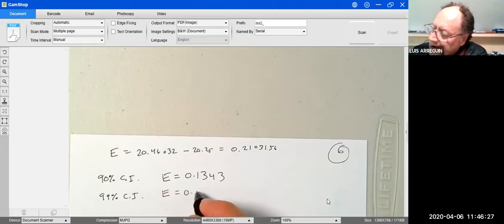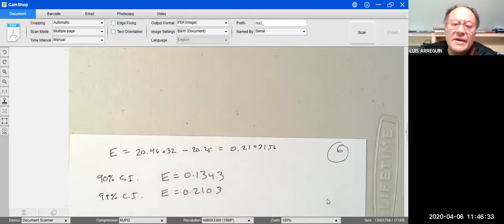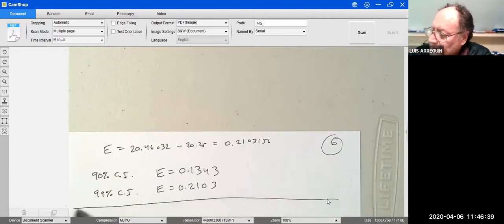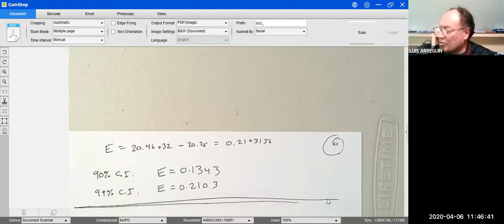So you have more error, but by having more error, you have more confidence that you're going to get the mean of the population in the computed interval. So this is what you need to know about computing confidence intervals. So now you're going to solve some exercises.